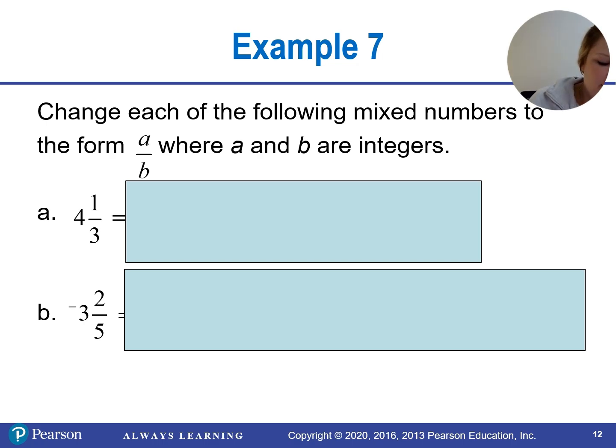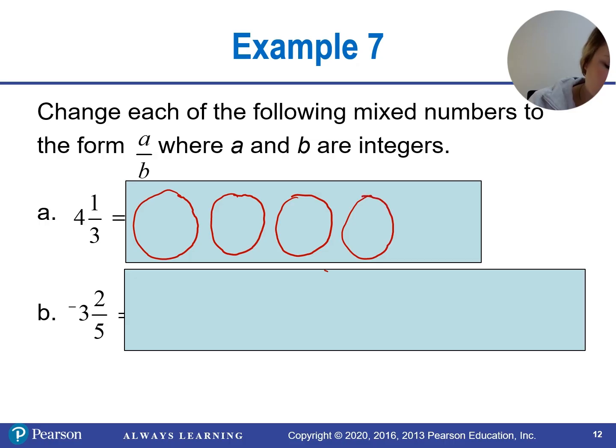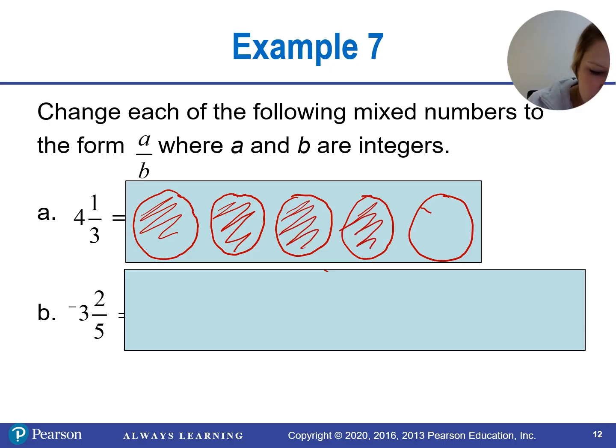If I think of 4 1/3, then to change this into a fraction, I'm going to think about a model. So I have 4 wholes and then 1/3 of a whole, if I allow myself to think of that as evenly split.